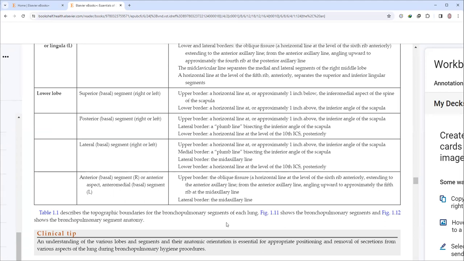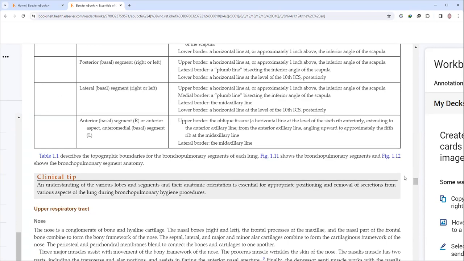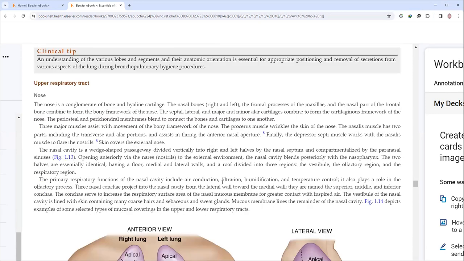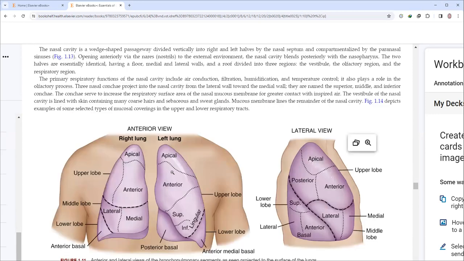So why do we bother to know these lobes and segments? An understanding of the various lobes and segments and their anatomic orientation is essential for appropriate positioning and removal of secretions from the various aspects of the lung during bronchopulmonary hygiene procedures.